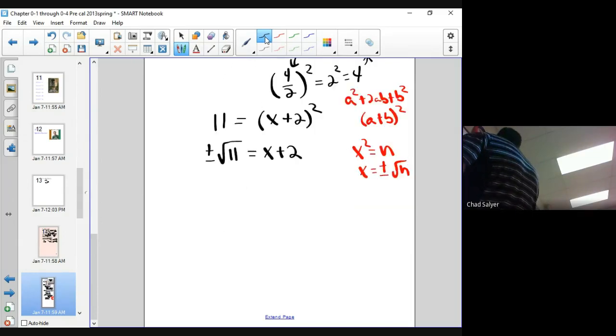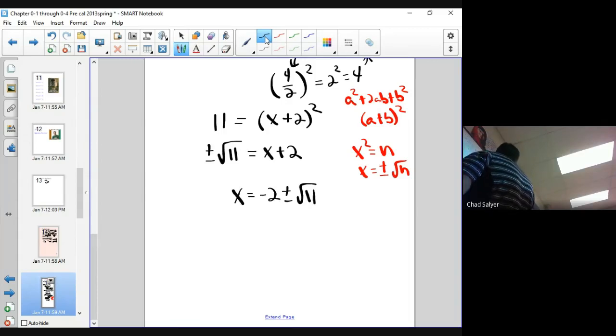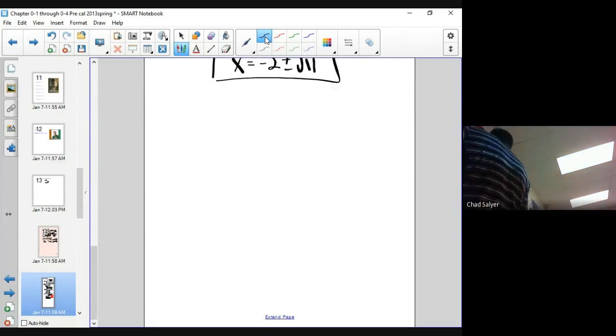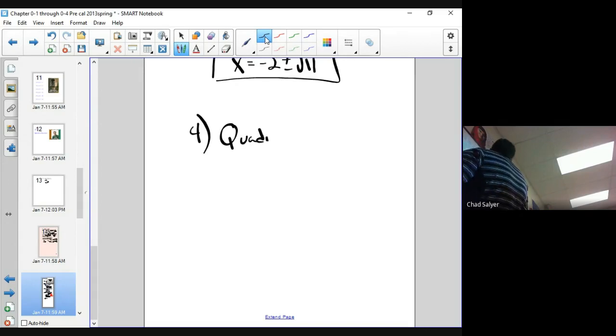Now if I subtract 2 from each side, I get this. So that's an irrational solution, one that we could not have found by the first 2 methods, but completing the square finds it pretty easily. And it also will find imaginary solutions. And finally, the 4th method for solving a quadratic is the quadratic formula, the granddaddy of all.